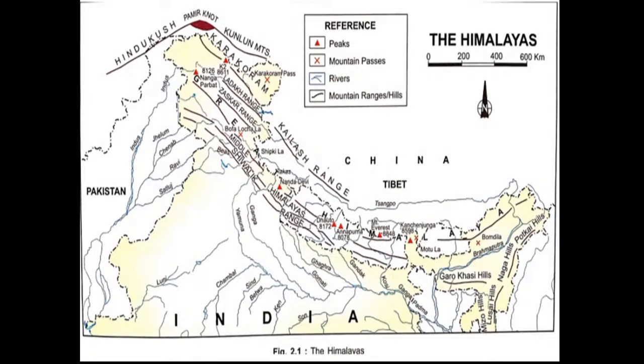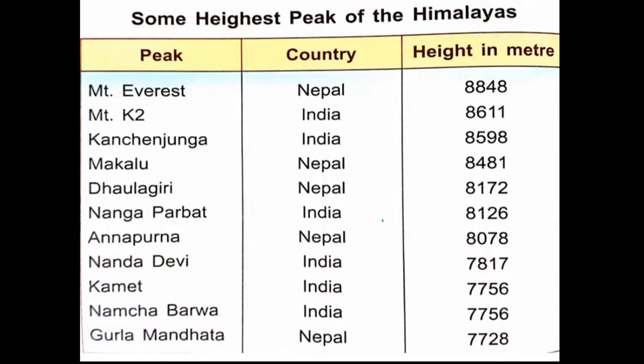Now, my next point is that I told you about some of the highest peaks of the Himalayas. The highest peaks of the Himalayas are Mount Everest, which is in Nepal, 8848 meters. Mount K2, which is prevailing in India, and the height is 8611 meters. Then the next one is Kanchenjunga, which is prevailing in India, and the height is 8598 meters.